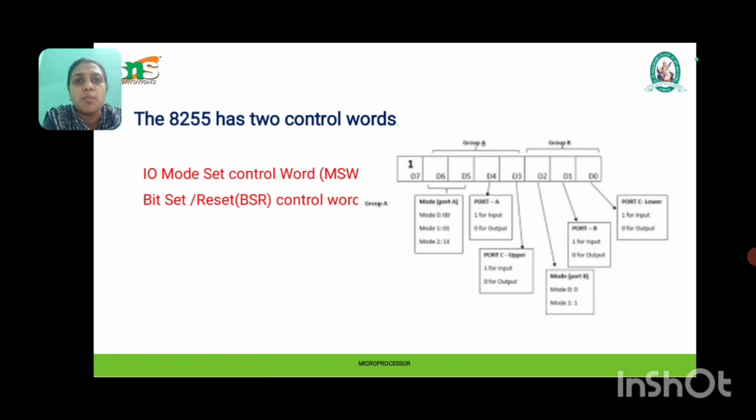These are divided into two groups, group A and group B. Group A is D3 to D7, and group B is D0 to D2.